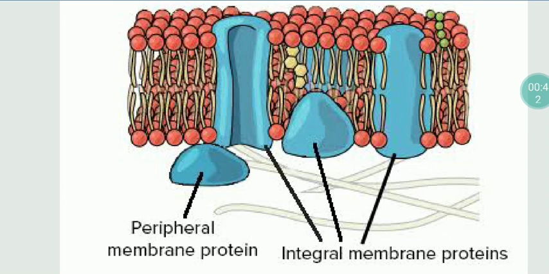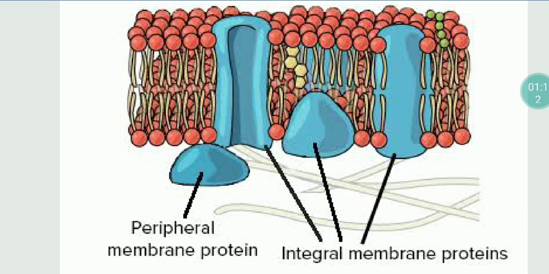But there are some proteins which are completely intact, bound between the bilayer, and those proteins are known as integral proteins. Integral, they became the part of the phospholipid bilayer. If they are completely bound in the phospholipid layer, we call them complete integral proteins.